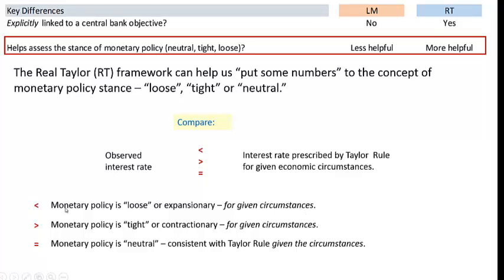If the observed interest rate is above the interest rate prescribed by the Taylor rule for given circumstances, then monetary policy is tight or contractionary for given circumstances. But if the observed interest rate is equal to the interest rate prescribed by the Taylor rule, then we would say that the monetary policy is neutral. It is consistent with the Taylor rule given the economic circumstances.